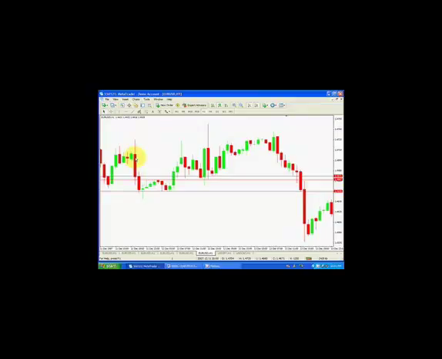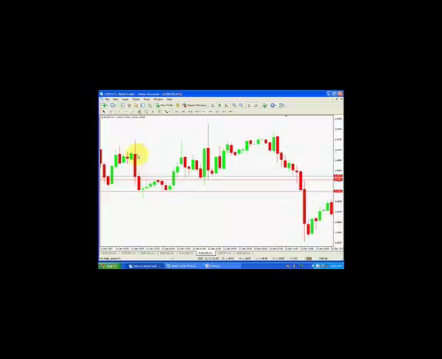And really, there are no sellers within here, all the way up here. So we would anticipate price continuing to move up at least to the real body, or the edge of the real body of this down bar, because there is no resistance in between here to stop it.